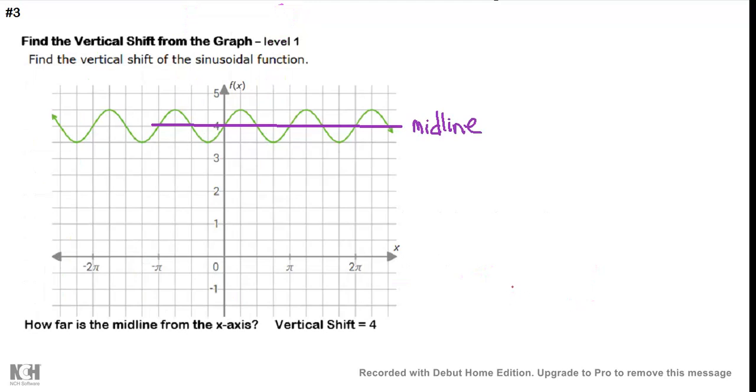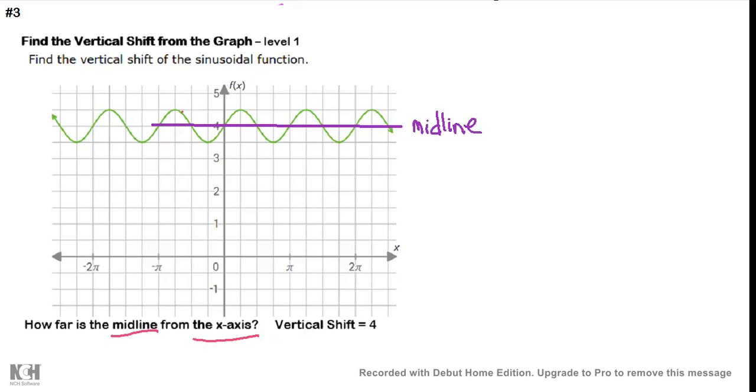Next up, this question is asking us to find the vertical shift from the graph. So what we want to do is find out how far the midline is from the x-axis. So first you have to find the midline.